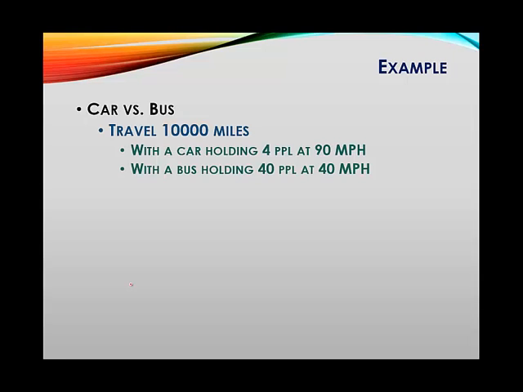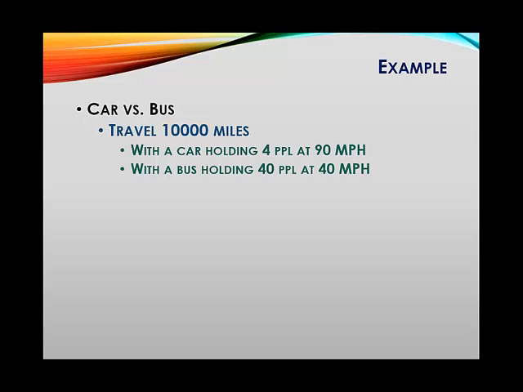By solving this problem, we can look at the throughput and the latency of these two examples and see which one has lower latency and which one has higher throughput. And this will show us that these two measurements are not always aligned with each other. So let's solve this problem.